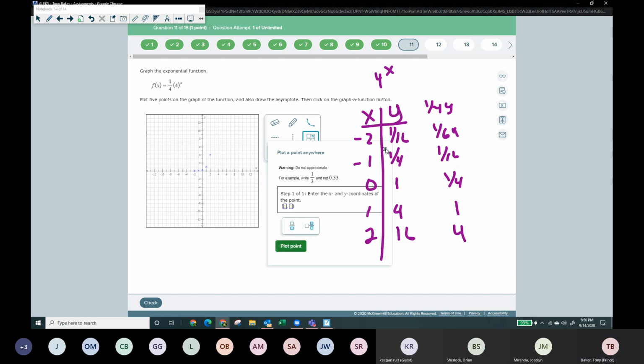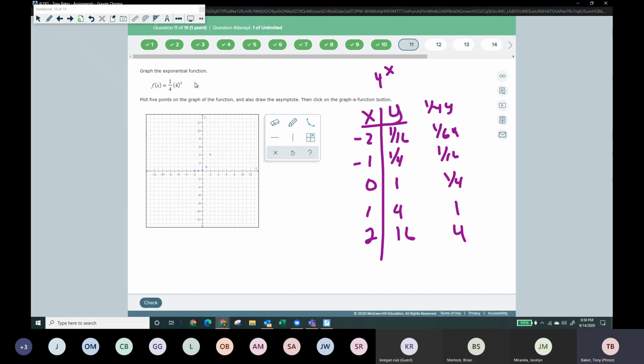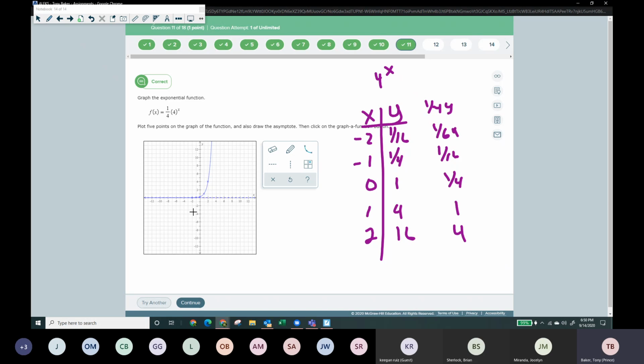Now, my asymptote, notice how, again, there's nothing added to this. So my asymptote is still at 0. And we get our nice little curve there. Questions on that one? We're going to do a couple more of them too.